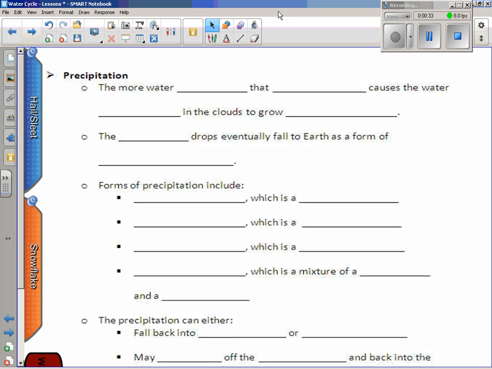Now, whenever it turned into a liquid, it was up in the atmosphere, it had cooled down and condensed back to a liquid droplet. And when those liquid droplets would combine with dust, it would eventually form clouds.